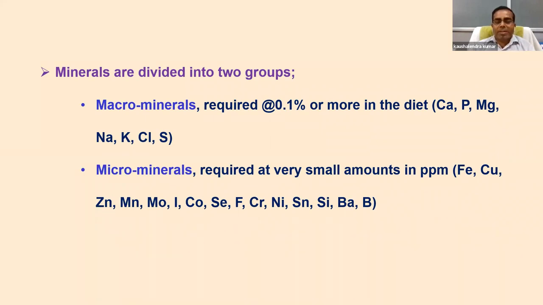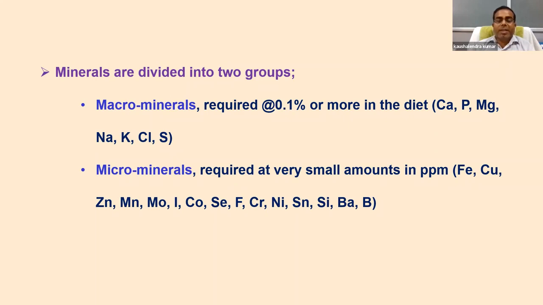The micro minerals here we mention only 15, but there are more than that. The requirement of micro minerals is in very trace amounts, so they are also called trace minerals. Some important trace minerals are iron, copper, zinc, manganese, molybdenum, iodine, cobalt, and selenium.